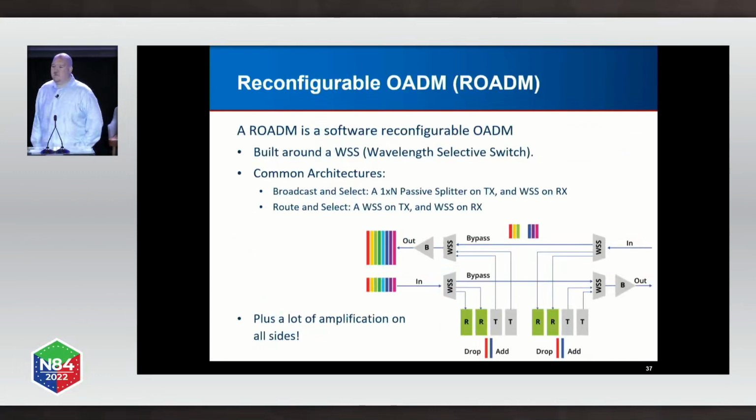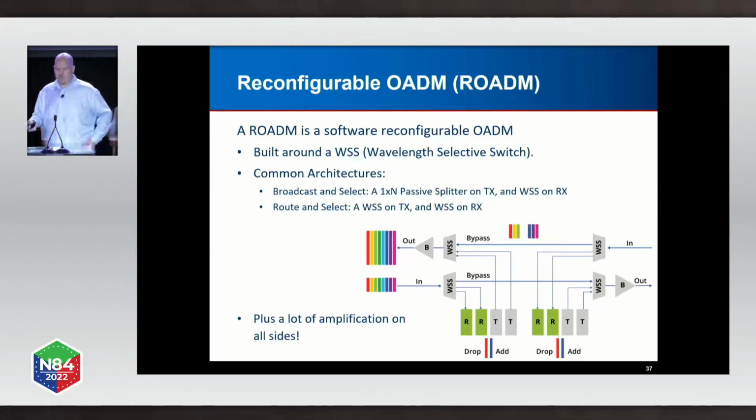So then we move into a thing called a reconfigurable OADM or a ROADM. So think of this as just an OADM, but something that you can configure in software. So typically that's built around a component called a WSS, a wavelength selective switch. And there's a couple ways you can do that. The 2 basic architectures are what's called a broadcast and select.